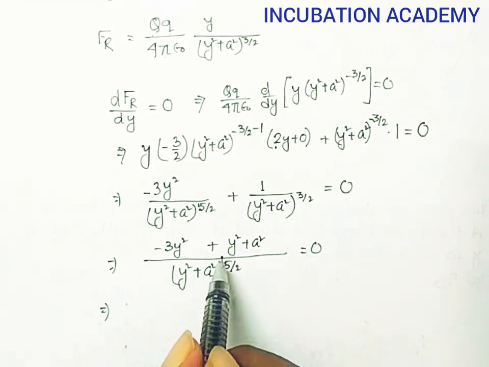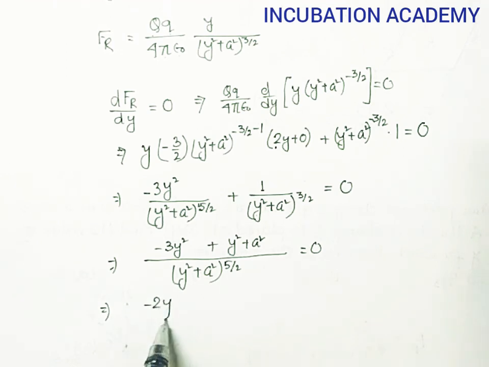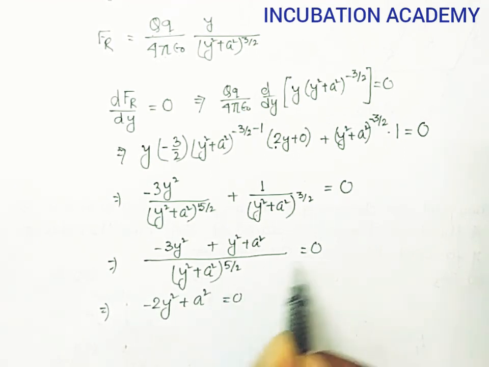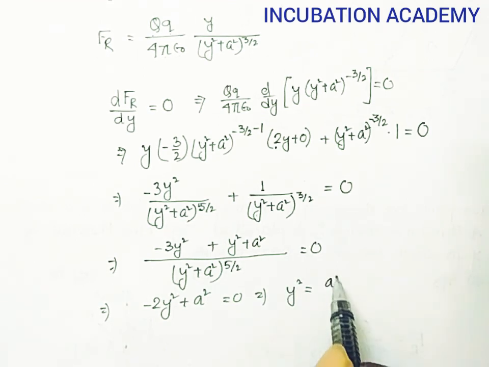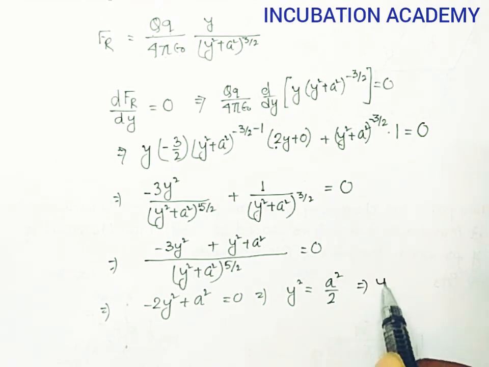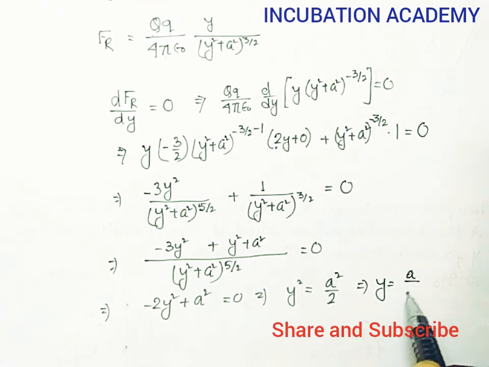And from here obviously minus of 2y square plus a square equal to 0, because if I multiply this here, this term will be reduced to this. So from here y square can be written as a square by 2. Therefore y should be equal to a by root 2. So this is the correct option.